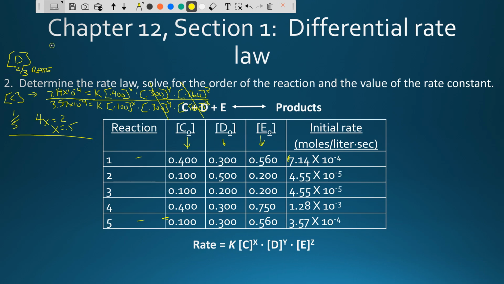I'm going to see that this ends up being 4.55 times 10 to the negative 5 equals k times my 0.1, that's the x, my 0.5 is my y, and then my z is a 0.2. I'm going to divide this all by my third iteration, which has also 4.55.